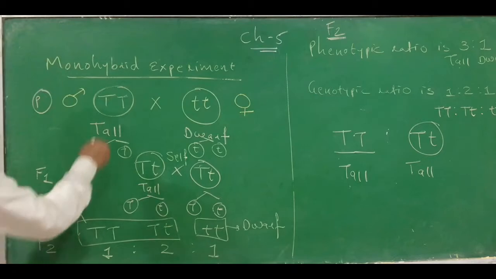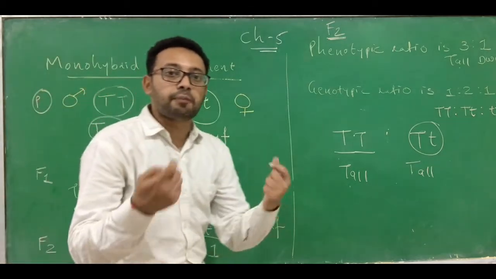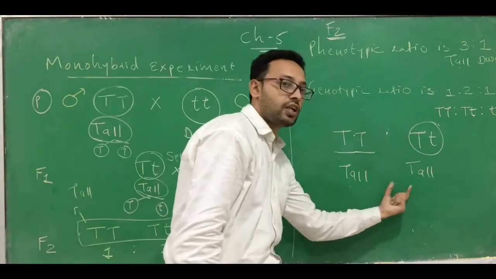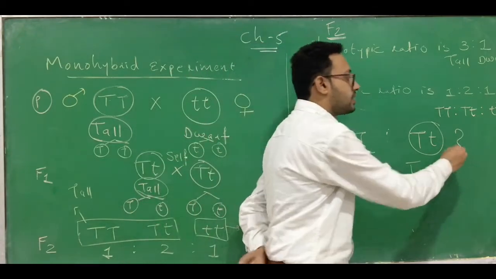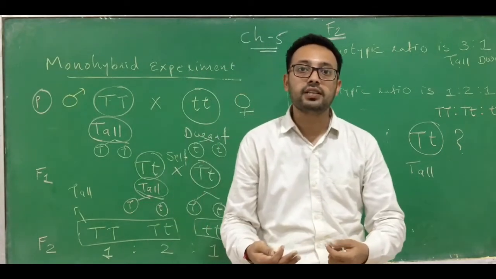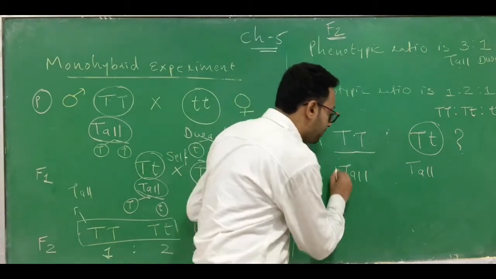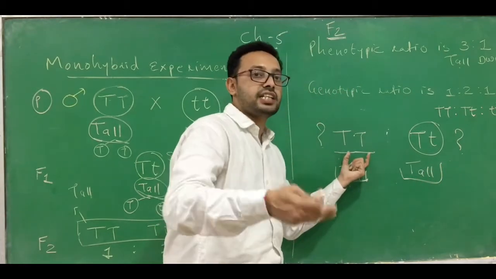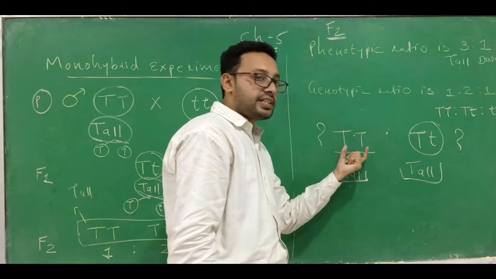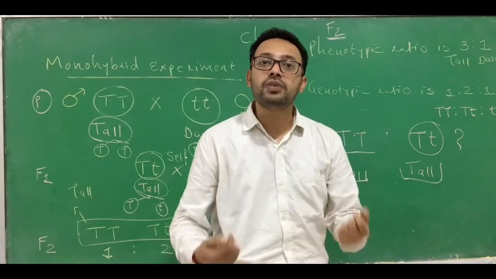So when the plant is tall, how can you come to know whether it is capital T T or capital T small t? How can you know the genotype of that parent? Here the phenotype is the same, tall and tall, but the genotype gets changed. How can we come to know?